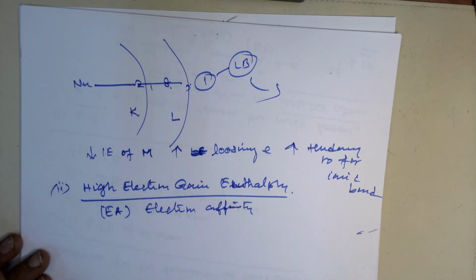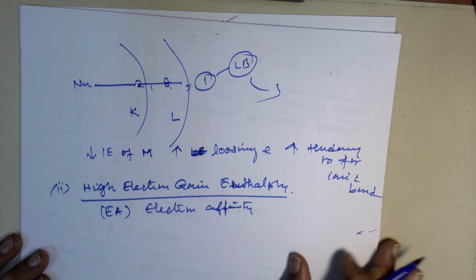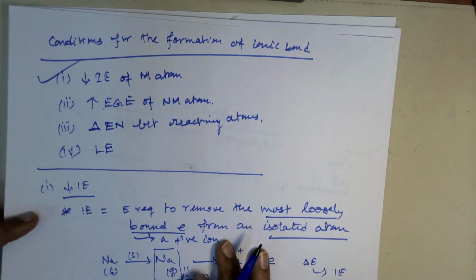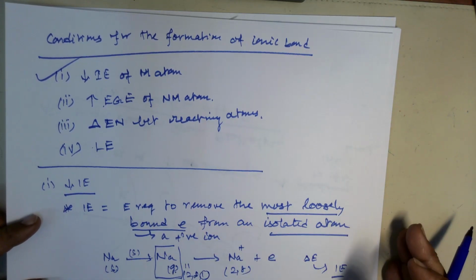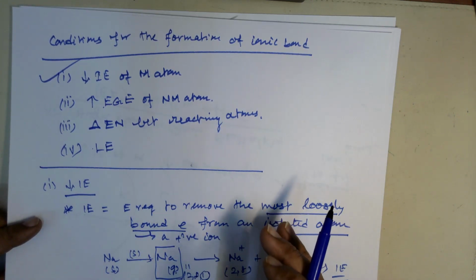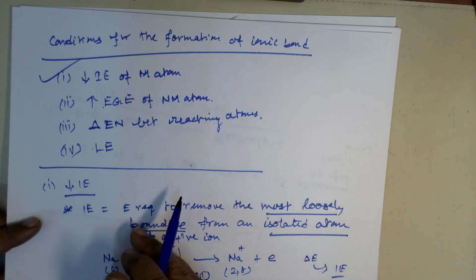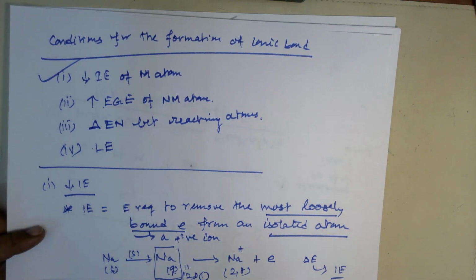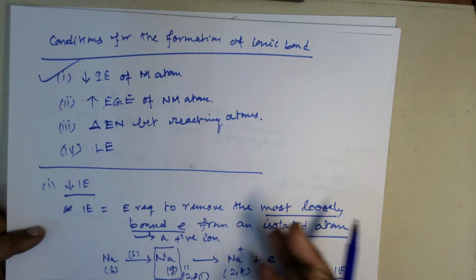The electron gain enthalpy is the amount of energy released. Remember, for ionization energy we need energy to remove the most loosely bound electron from the outermost shell of an isolated atom, so that we can easily remove it.